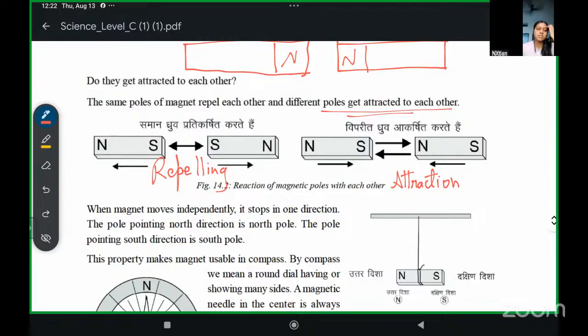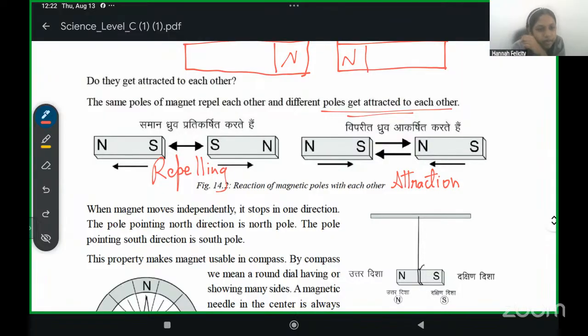A magnet originally has two poles. Every magnet, from the origin, has two poles. It has always been like that. Whatever piece of a magnet you take, any part from anywhere, it will have two poles, the south and the north pole.